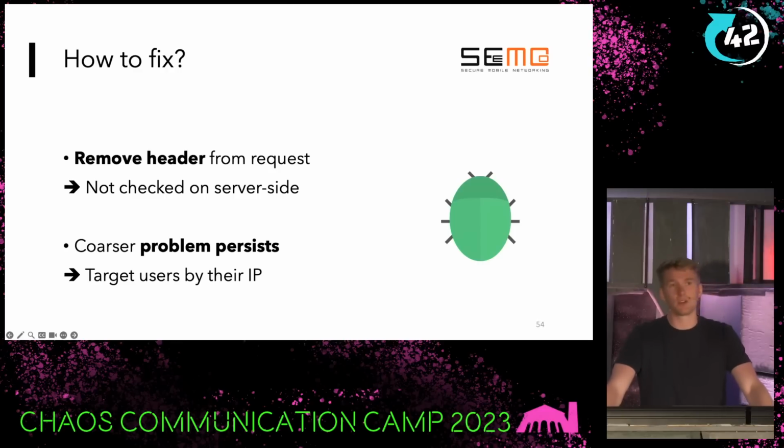The first and very easy fix would be to just remove the header, which contains these account ID and device ID, because I wrote a small Python script which also fetches the configuration, and it doesn't even check this header. So you can just leave it out, and it also works fine. So that's very easy.